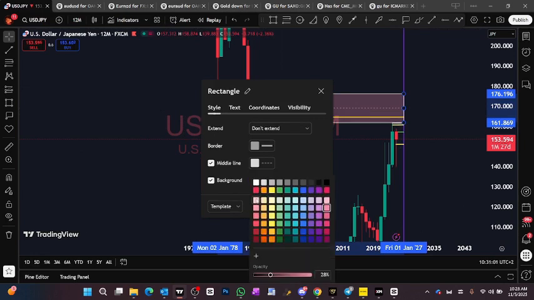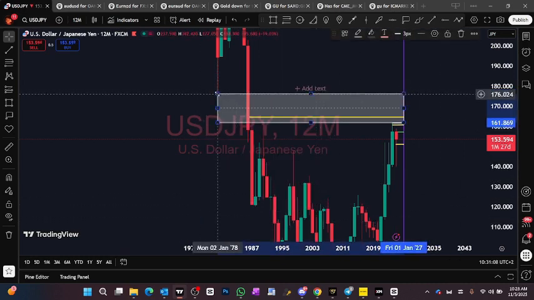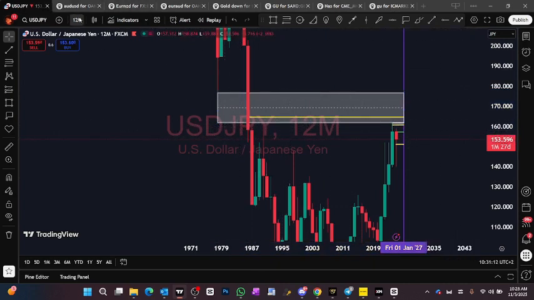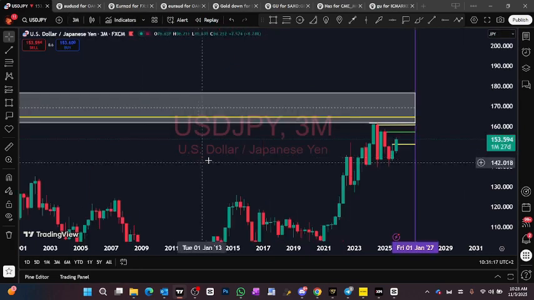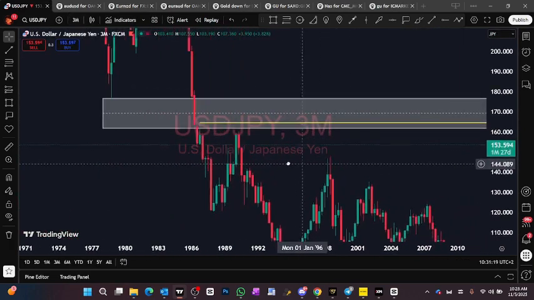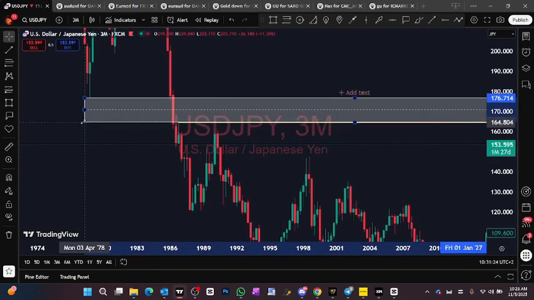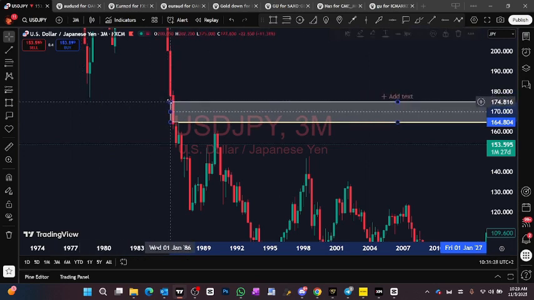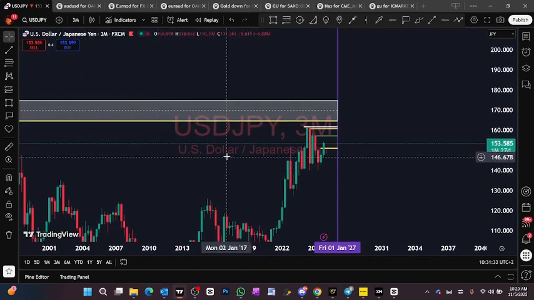Right. Okay, so this fair value gap starts from here. So let's see, but we'll try and refine it. See, when you refine it, it comes to here.